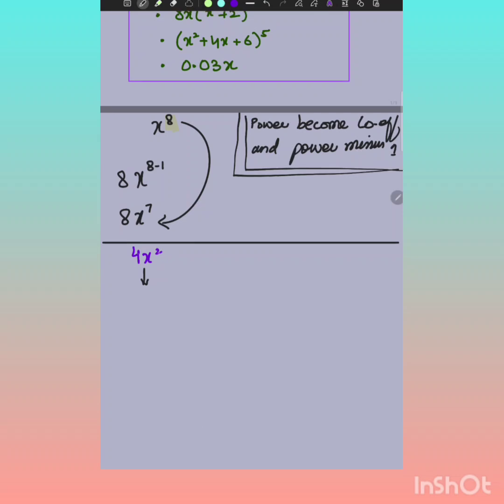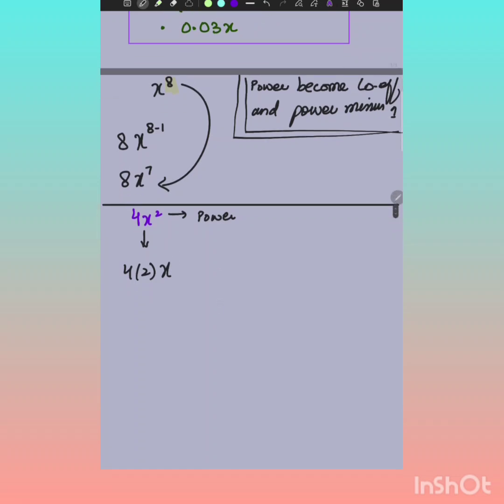So when the 2, which is the power, becomes the coefficient, it will multiply with the 4, and 2 minus 1 is 1, and we don't write 1 here, okay? So it will become 8 and x as it is. So this is our answer, 8x. The derivative of 4x square is 8x.